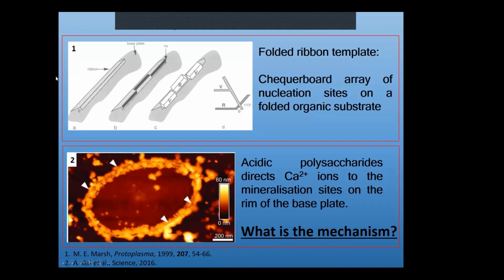They call this a folded ribbon because, just think about a folded surface where we have the nucleation sites alternating on the two different surfaces. That's how we would get alternating crystallographic orientations, coming from nucleation from different directions.